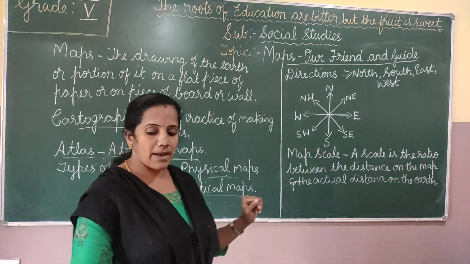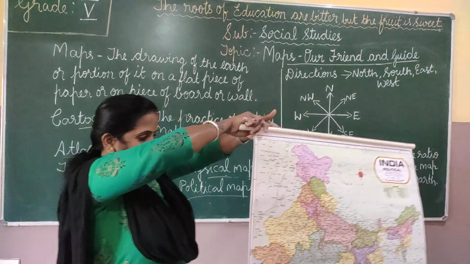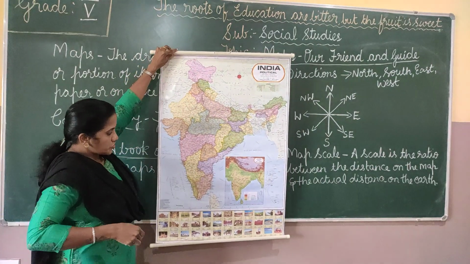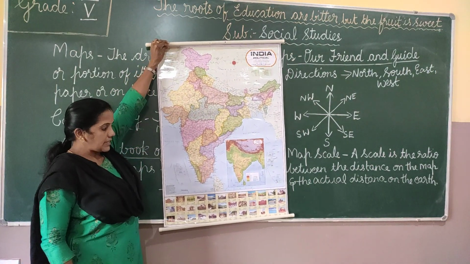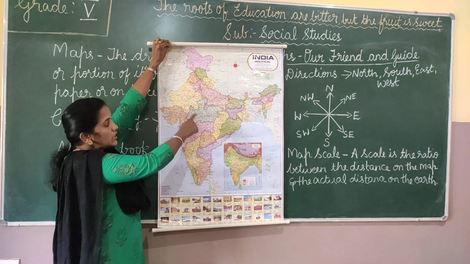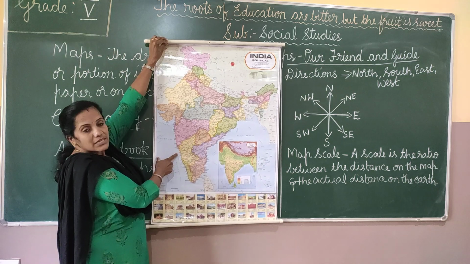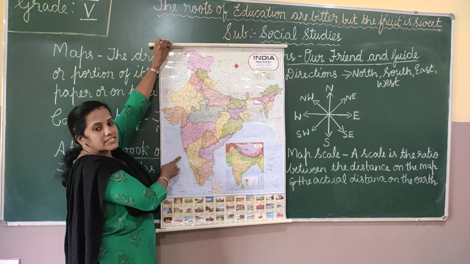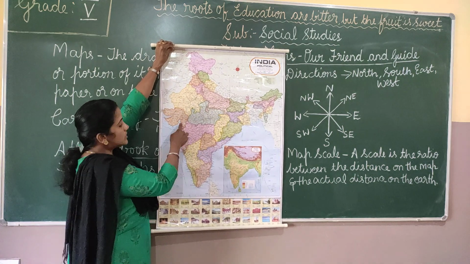I will show you the map. So children, for example, this is a map of India. This is a political map. As I told you before, this map shows the boundaries.